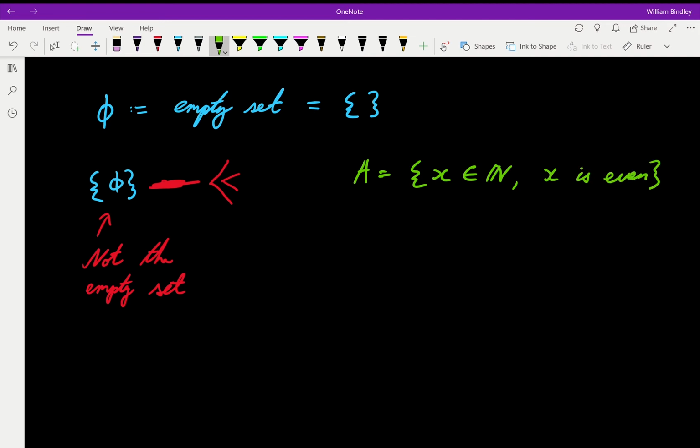This is actually an infinite set because this set equals 2, 4, 6, 8, and so on. Just all of the positive even numbers. And you couldn't list them all.